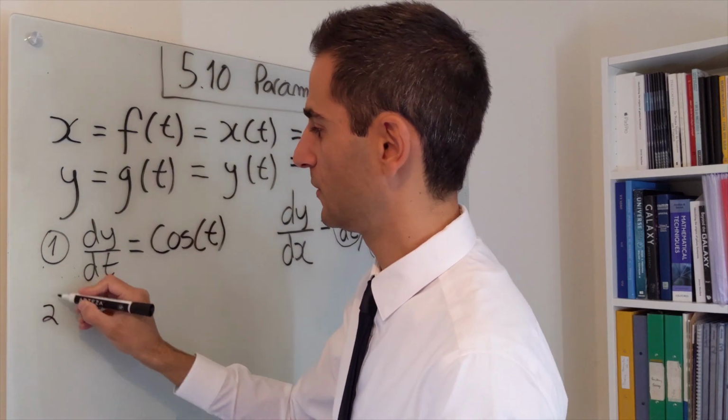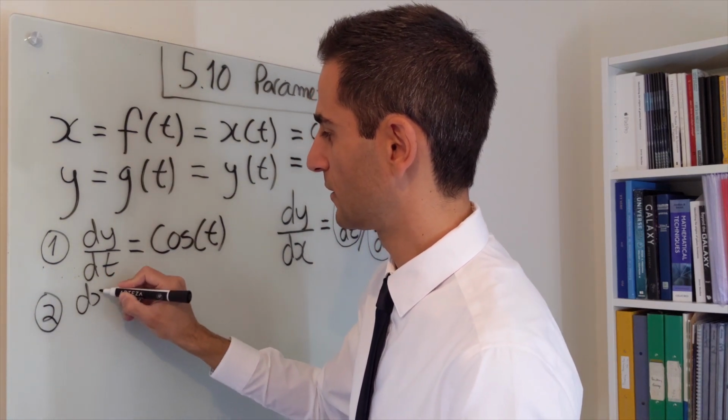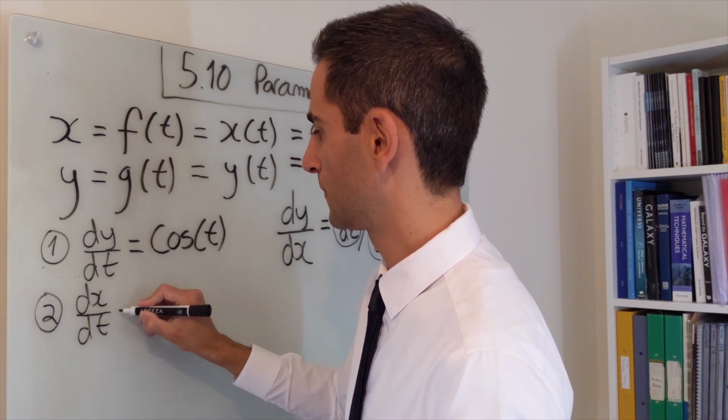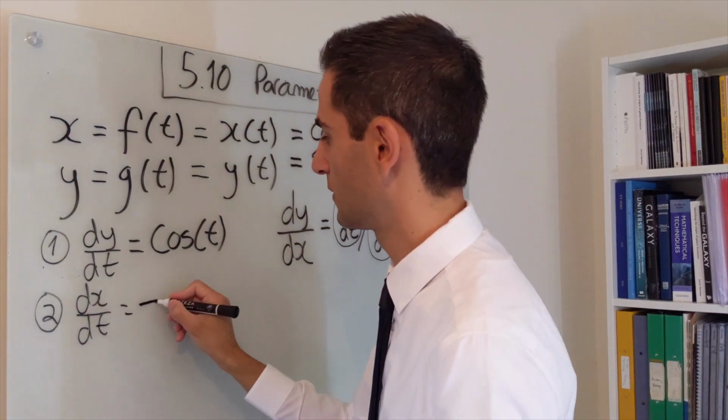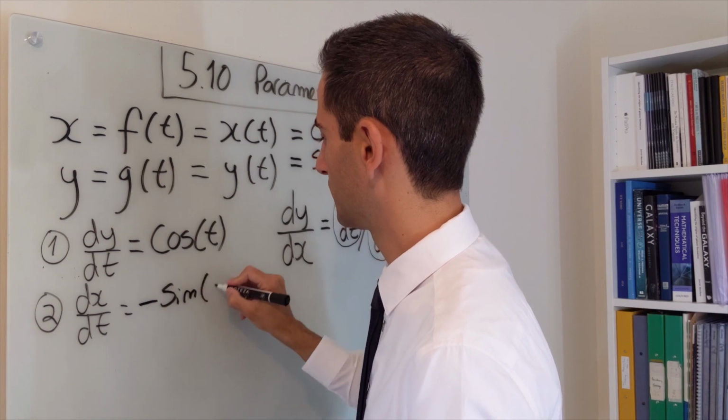And step number 2, dx/dt, the derivative of cos t in relation to t is minus sine t.